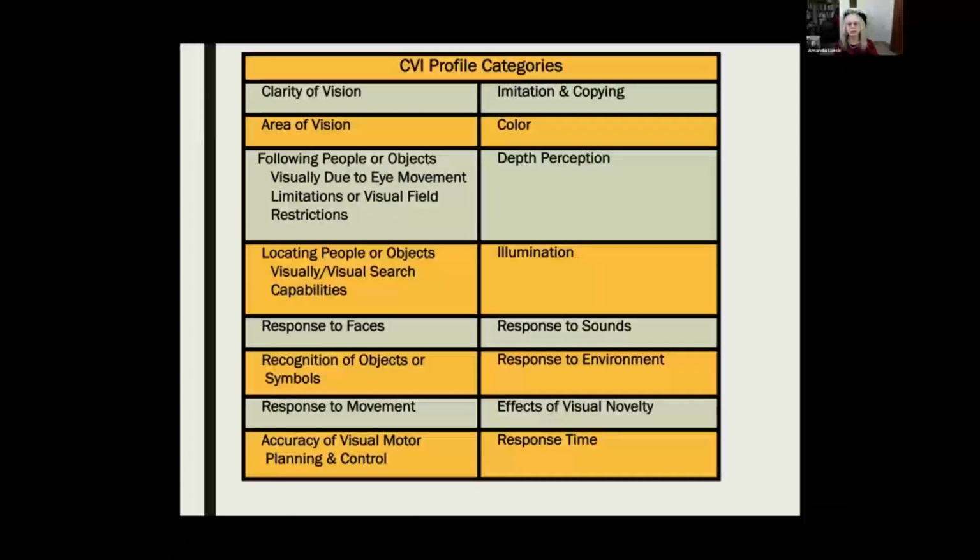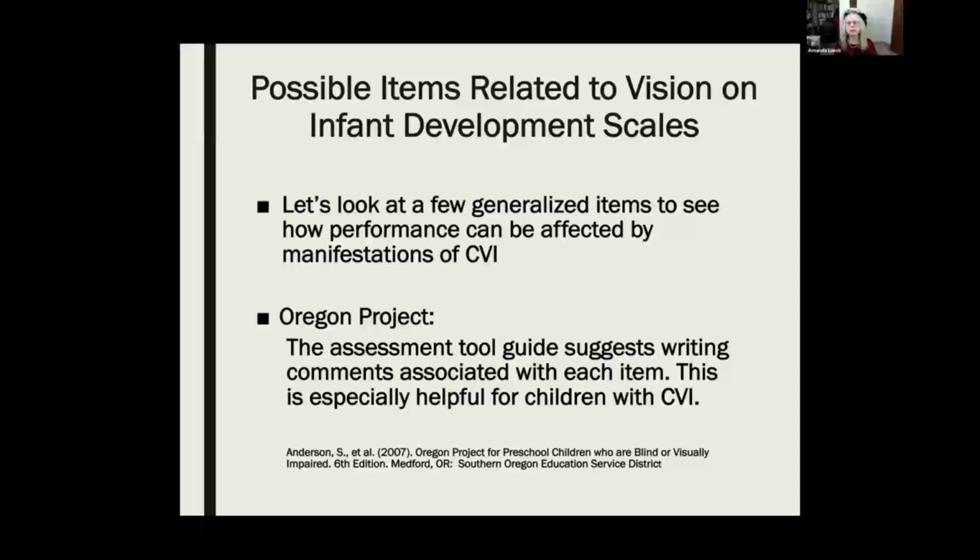Here's a list of them, and I'm not going to be able to go into them in this webinar. You can go back to the previous webinars, especially the last one, where we went into this in detail. But we can look for possible items in terms of the manifestations of CVI related to vision on infant development scales, for example.